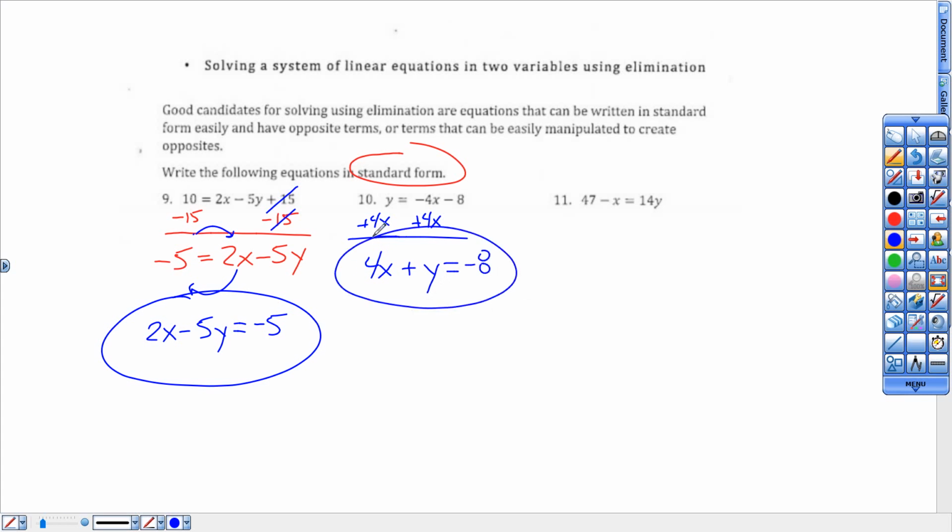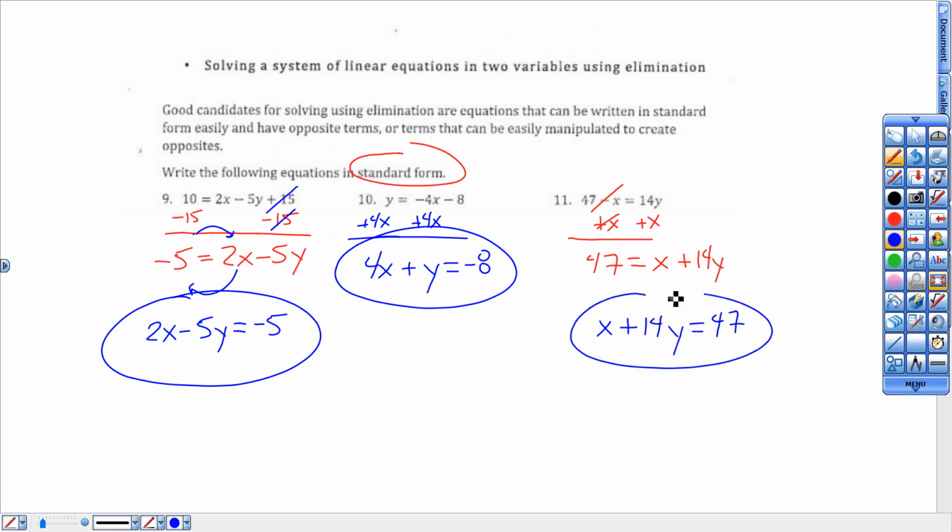This last one here, I'm going to add this x, which will give me 47 equals x plus 14y, and then I'm going to flip that around because the math property lets me do that without changing it. Because remember, 6 equals 4 plus 2, which is the same as 4 plus 2 equals 6. Remember, you can switch things around. They're still equal. All right, here we go.